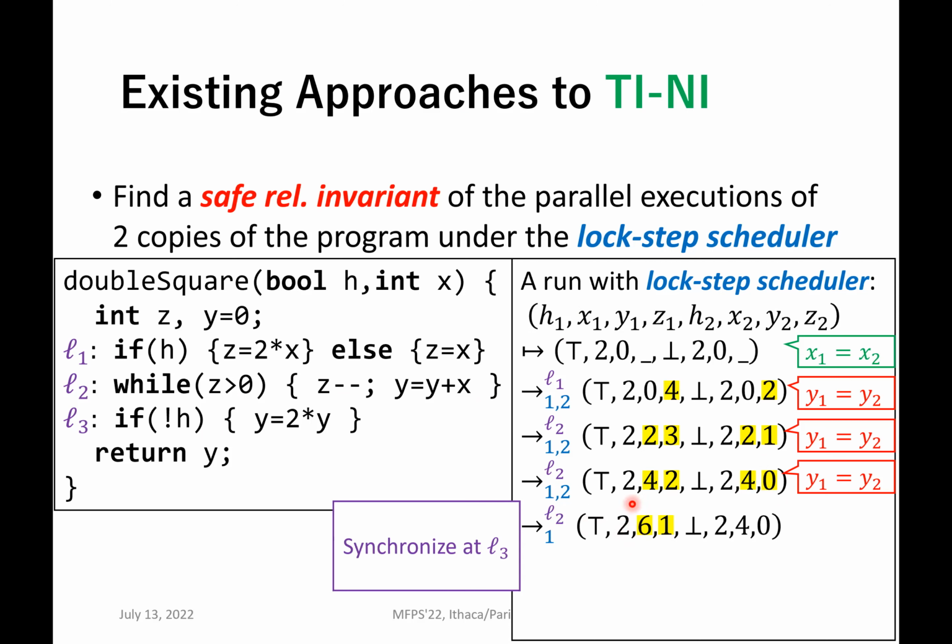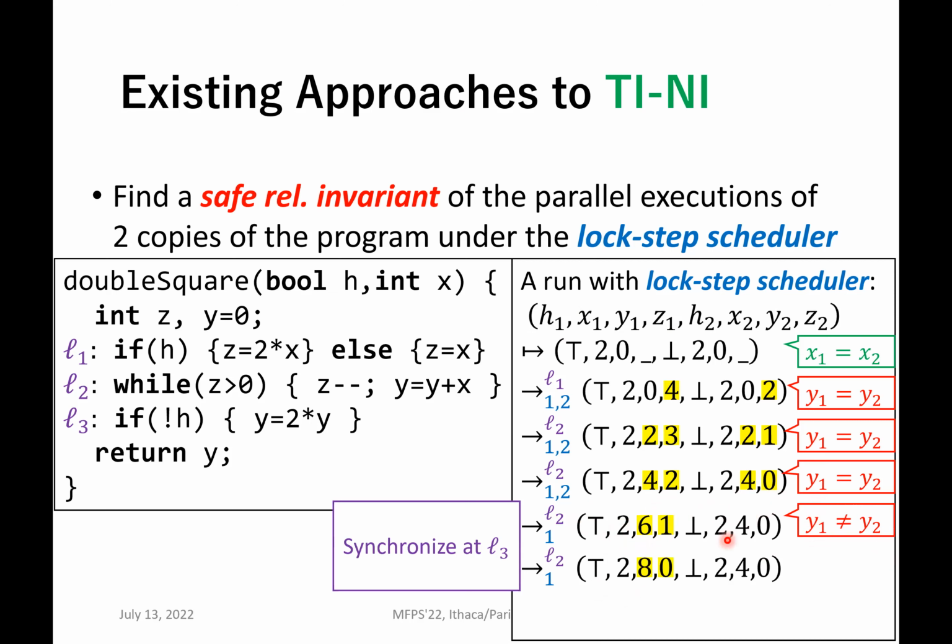We obtain this state and update it. Please note that now the values of y are not equivalent. And we again schedule only the first copy to update the state of the first copy like this.